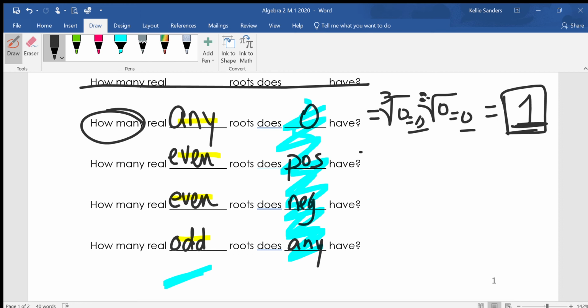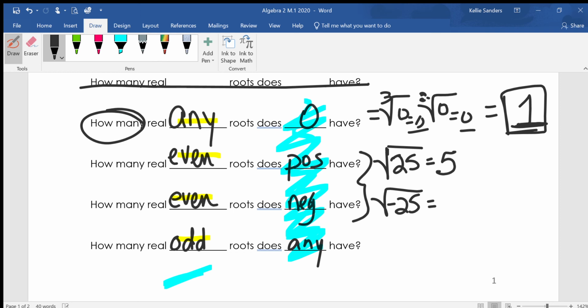Now on this, these two kind of go together. If I take the square root of 25, or if I take the square root of -25, okay, on this one, it could either be 5 or -5, because -5 times -5 is a positive 25.